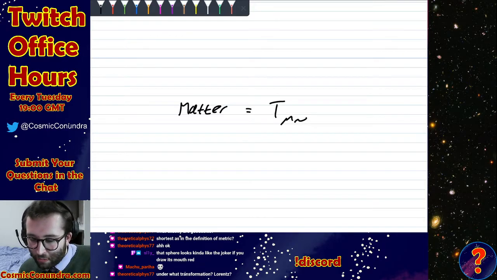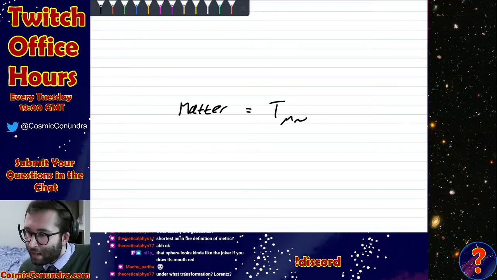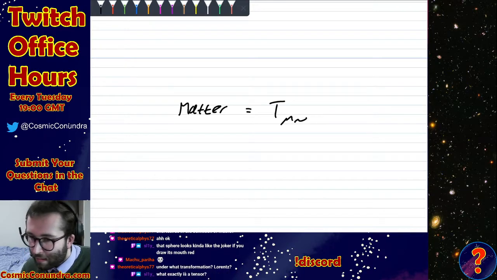Under what transformations? Well, under special relativity, it will be under Lorentz transformations, but in general relativity, it's any sort of general coordinate transformation, like a diffeomorphism invariant thing.